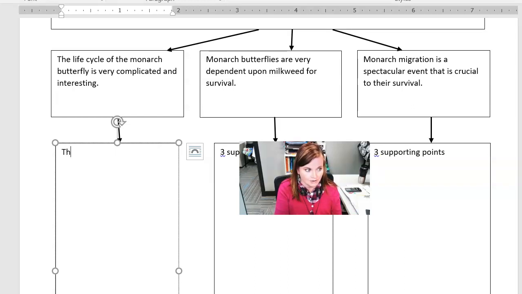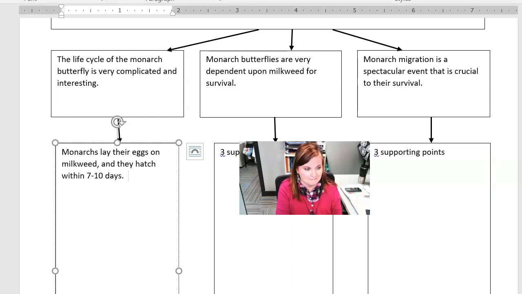Monarchs lay their eggs on milkweed and they hatch within 7 to 10 days.